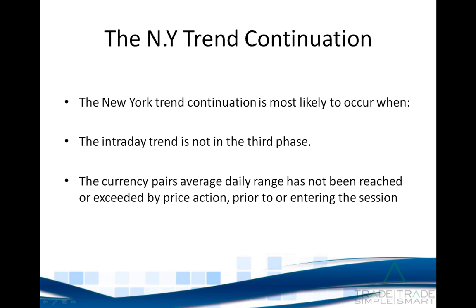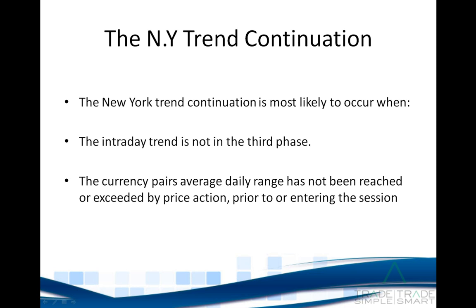Okay, and if you think about it, it's just common sense. We're always going to expect three legs or three phases to the up and to the downside. So if we've only seen two legs to the upside, for example, and we're entering into the US session, we're going to expect our third to take place during the US session, which in effect is a trend continuation.